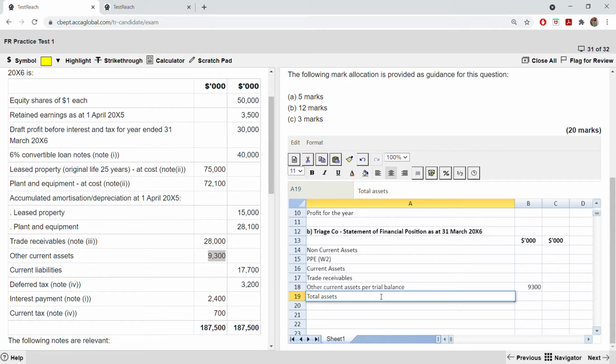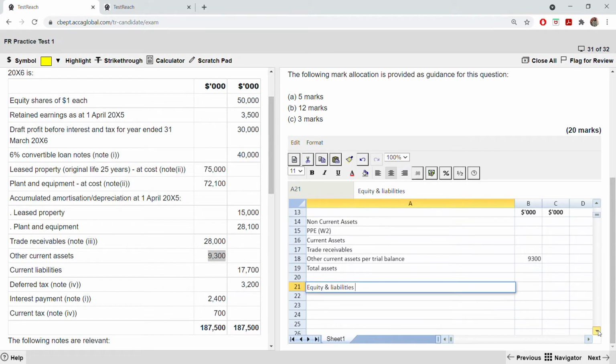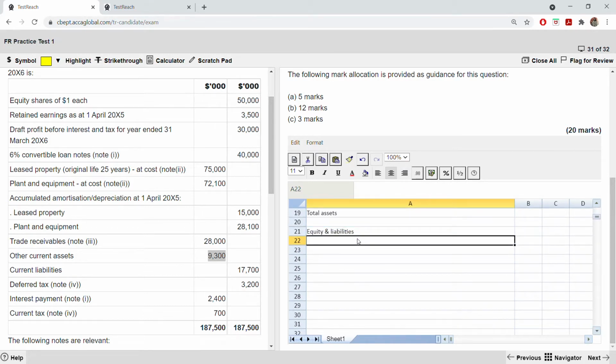Then we have the equity and liabilities. Leave a space. Equity and liabilities. So first we are going to start with equity.